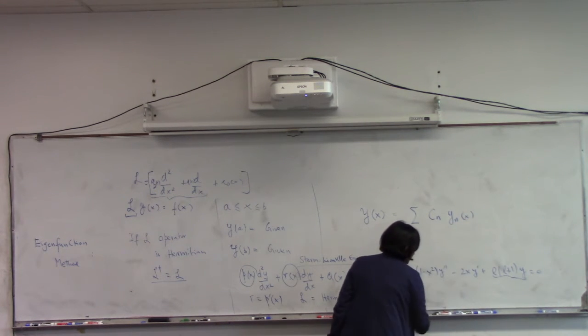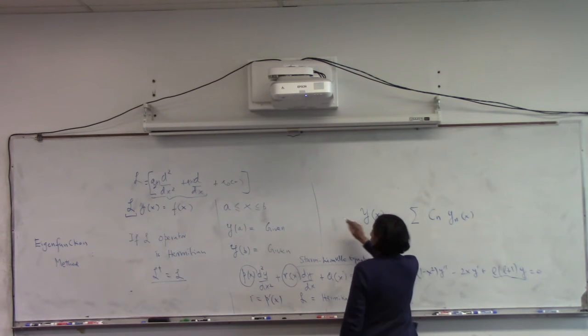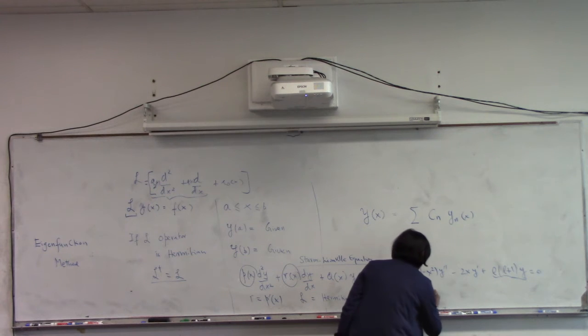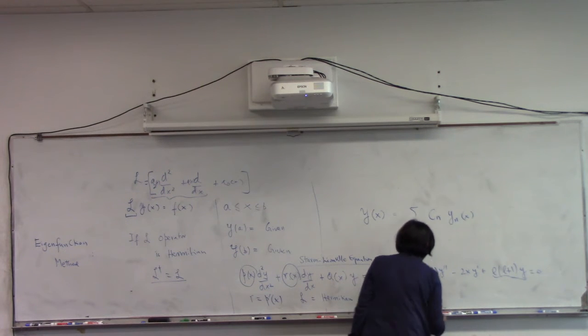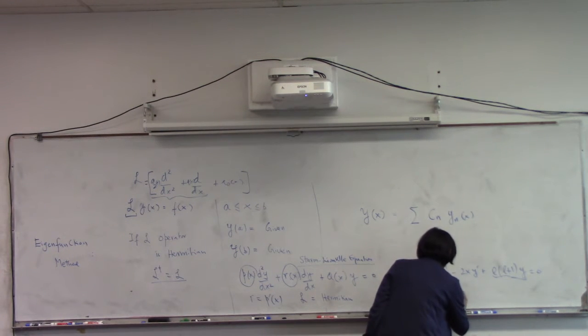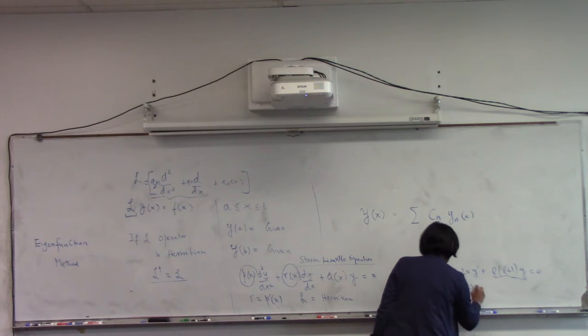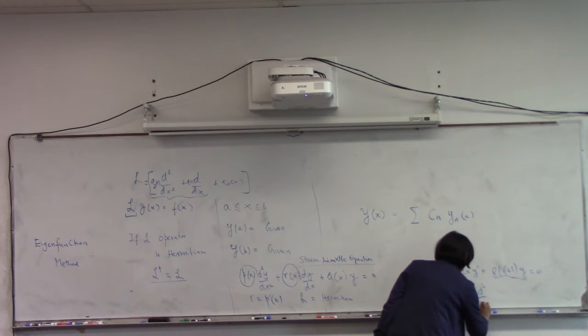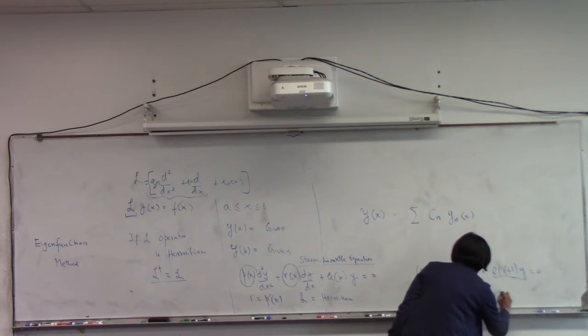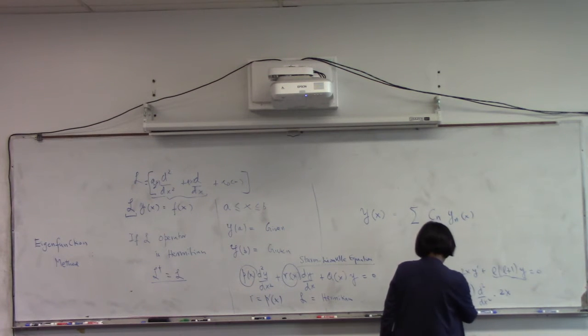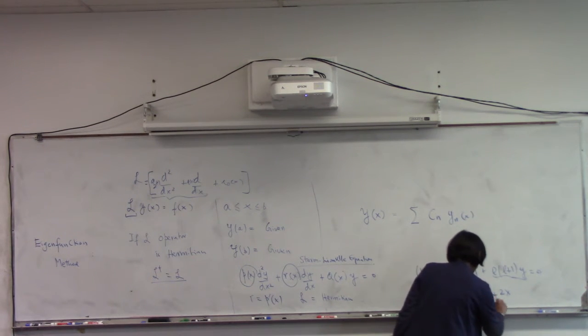The L operator in this case, of course, is the negative of that, because I want to also write it in this form, Ly equals lambda y. L operator here is nothing but, in this case, negative (1 minus x squared) d squared over dx squared, minus 2x, or plus 2x, because I have to put it on the other side.